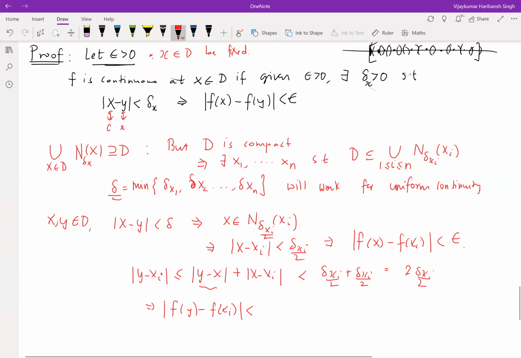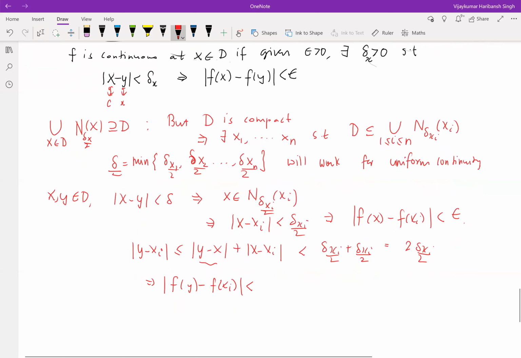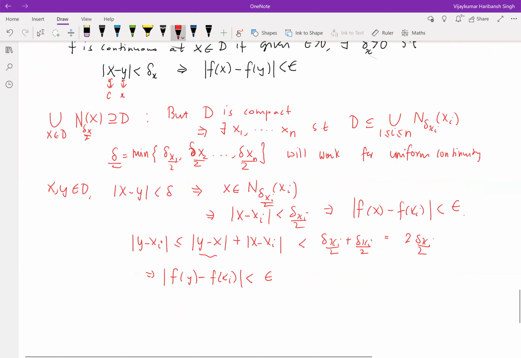All right, this is what your textbook does as well. But I didn't want to include them to start with, so that you see when you have to go back and modify. So this is going to be less than epsilon. Now let's look at |f(x) minus f(y)|. This is less than |f(x) minus f(xi)| plus |f(xi) minus f(y)|, sorry, y, my bad.